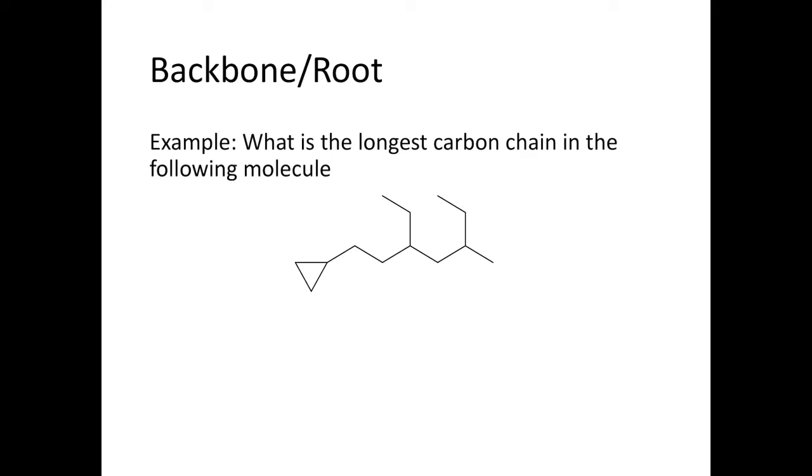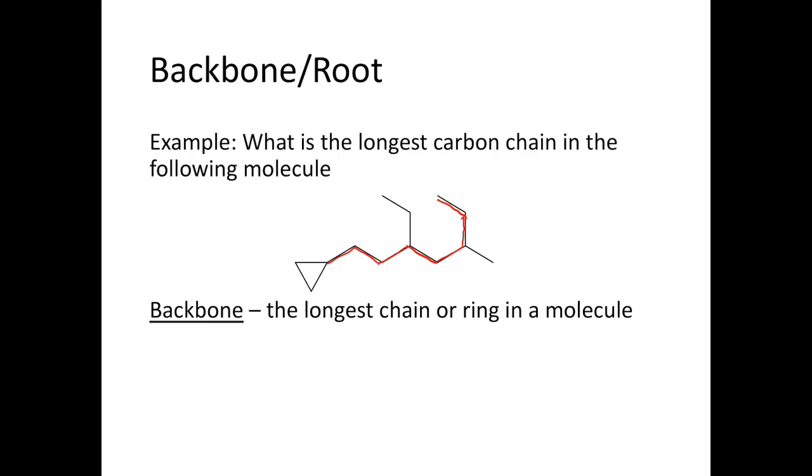Because sometimes the way it's drawn, the longest chain might go down one of the branches. So in this case, for example, if you draw the line going horizontal but then go up this 2 carbon chain, that actually creates a longer chain than if you just went down the 1. So that is the longest carbon chain. And in this case, that is the backbone of this molecule.